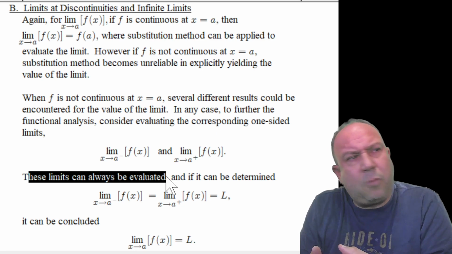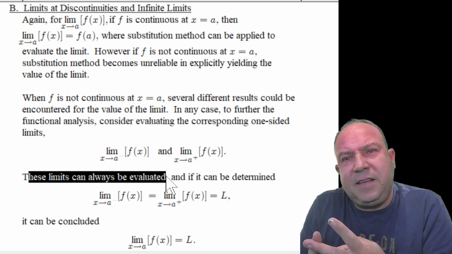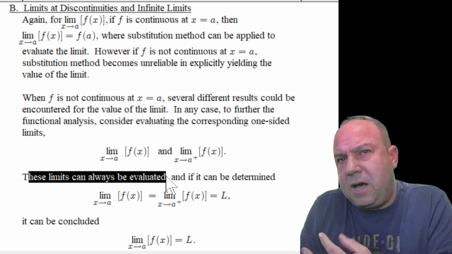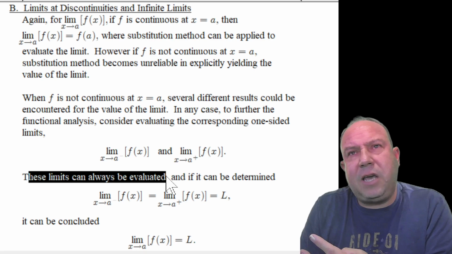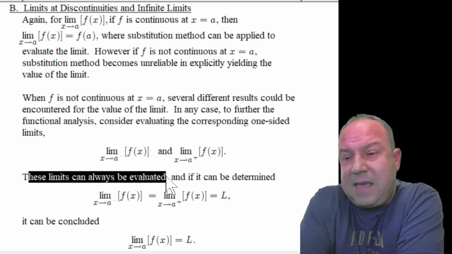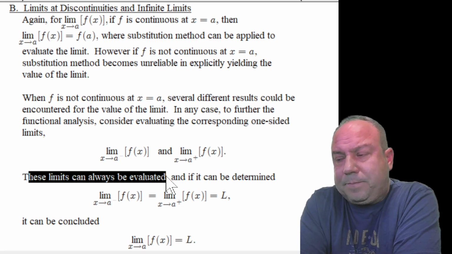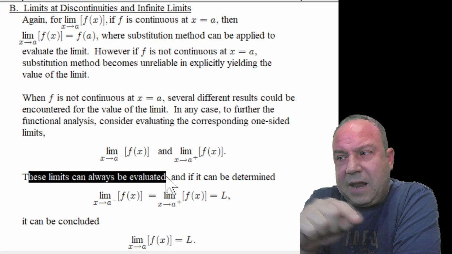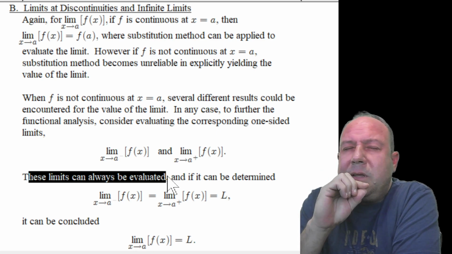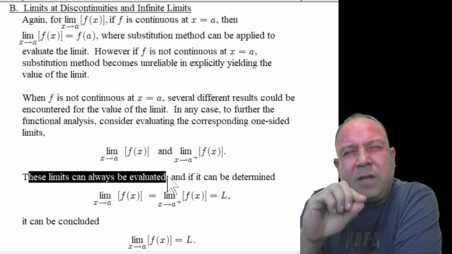And some textbooks, more than others, place an emphasis on the idea that an infinite limit, although it is the result of a limit calculation where we do have a discontinuity in that function at that value of a, we can't have a value that's going to be what we call an infinite limit. The limit itself doesn't truly exist as a real number value.